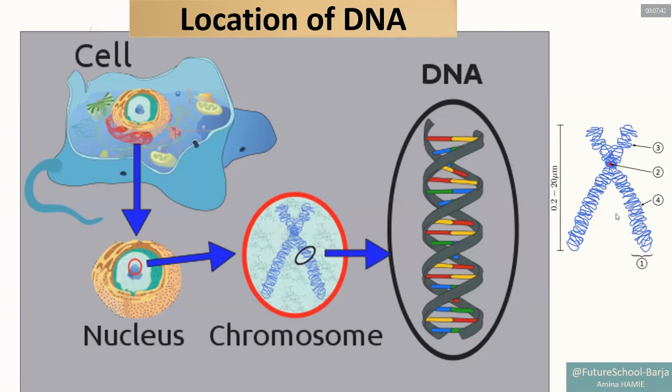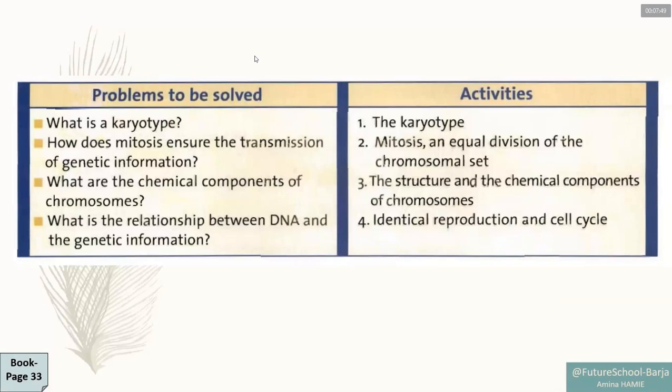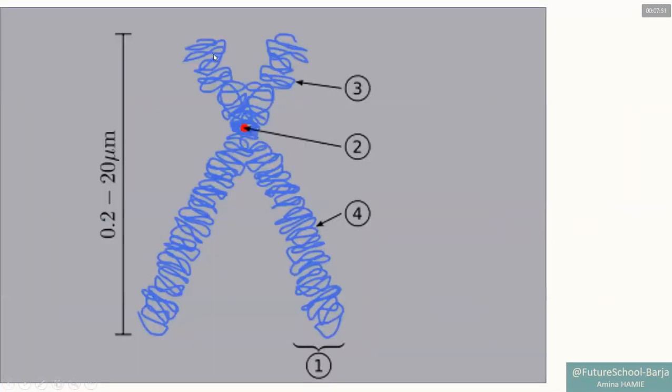How is the chromosome made up? This is the chromosome. The chromosome is made of 2 chromatids. Okay, this number 1 is a chromatid and chromatid. We have 2 chromatids attached by a centromere, stuck together by something called a centromere. Okay, here I put 3 and 4, the short arm and the long arm. Okay, here they put the length of the chromosome. It's not important.